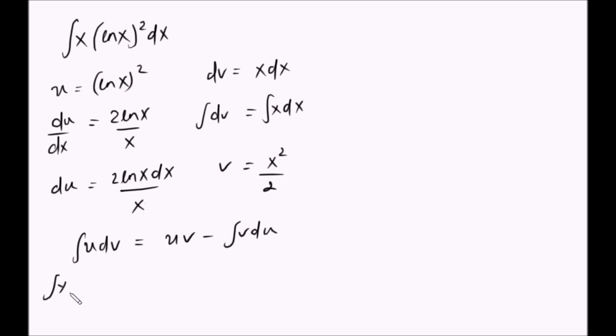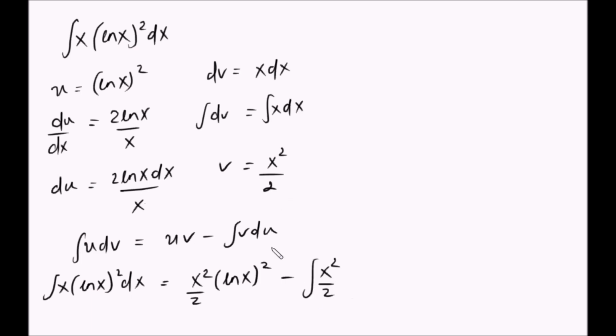So we're integrating huyu. Huyu ndo our u dv. So our u ni huyu, our v ni huyu, so this is gonna be x squared over 2 times ln x squared minus our v ni huyu sasa, so v ni x squared over 2, du sasa ni huyu, wow, times 2 ln x over x dx.